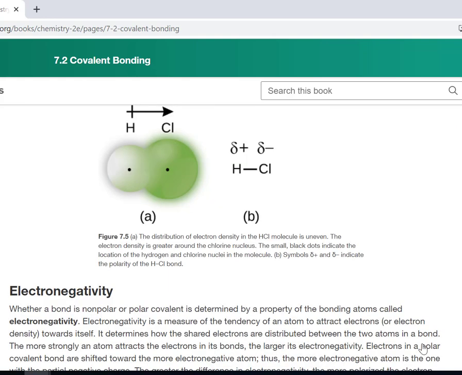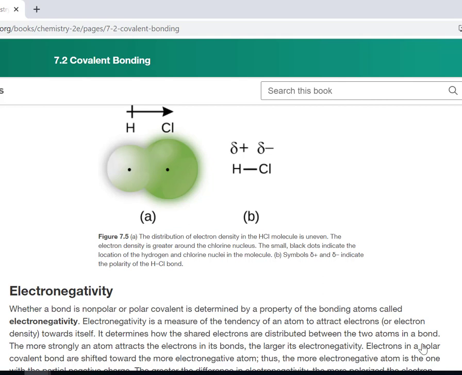The reason why a bond might be polar or nonpolar is related to a property called electronegativity. Of course, we know if the atoms are identical, it will be purely covalent, but different elements have different properties in terms of their ability to attract electrons within a shared chemical bond.